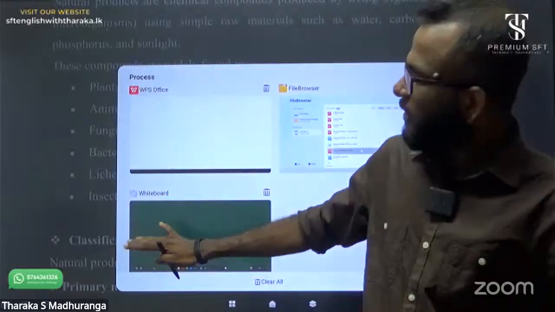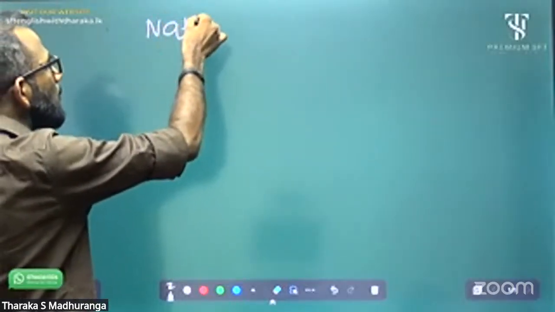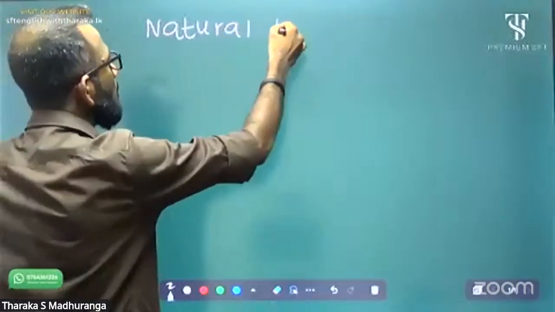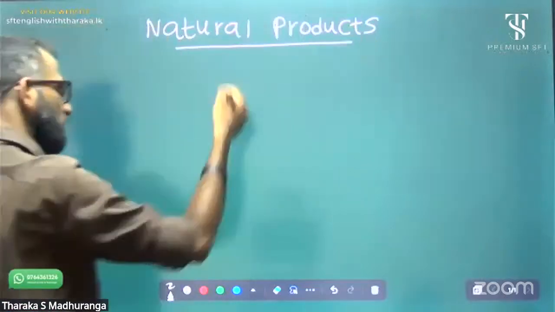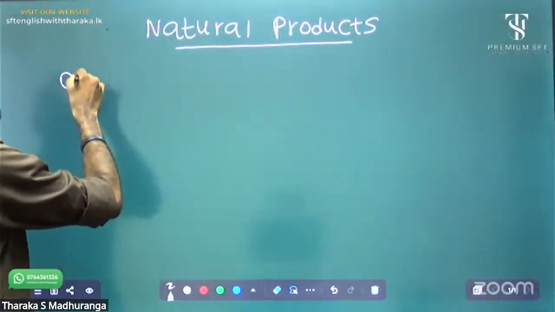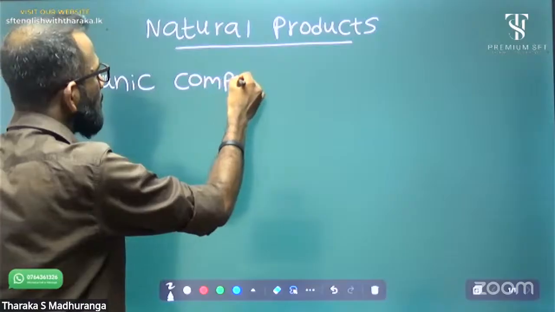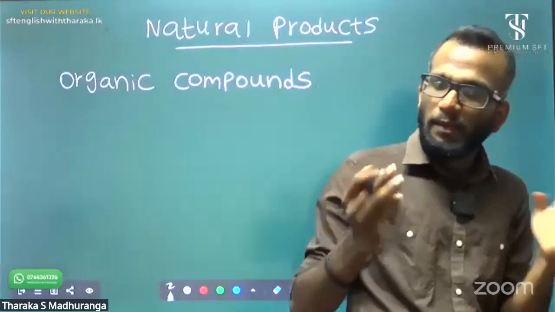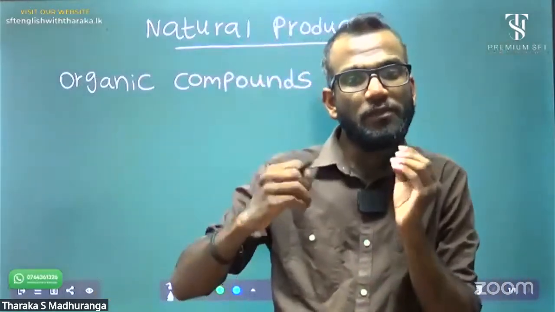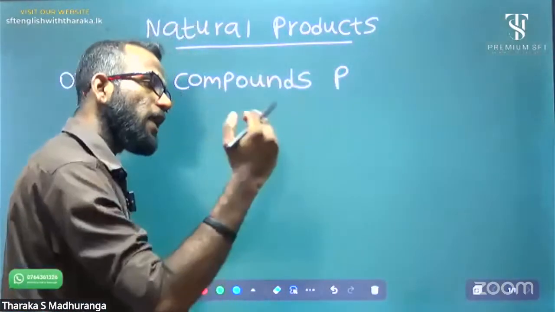Natural products are organic compounds, chemical compounds produced by an organism. Organism means plants, animals or microorganisms.